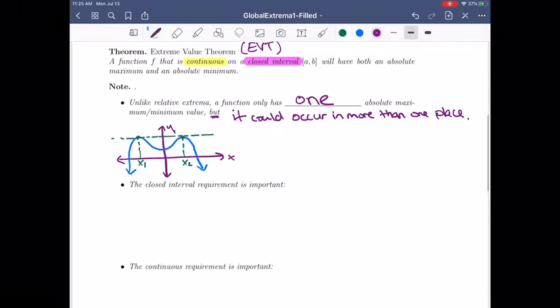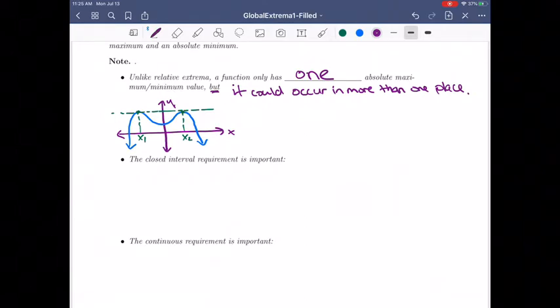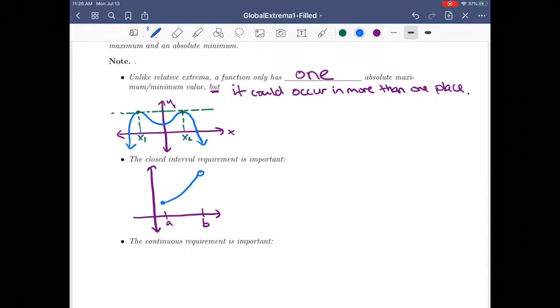So why is the closed interval important? Well, we could have something like this. Let's say we have an open interval from A to B, but maybe it's only closed on one side. So maybe it looks like that.